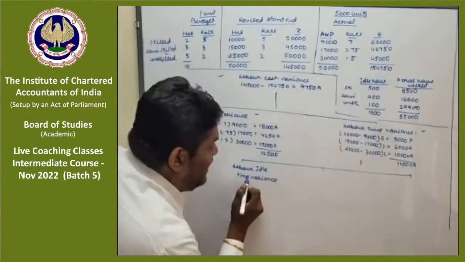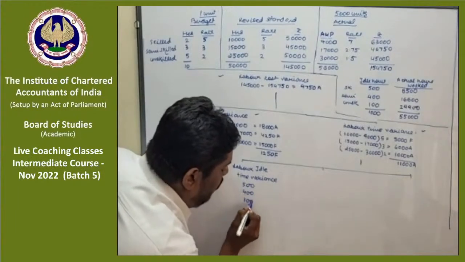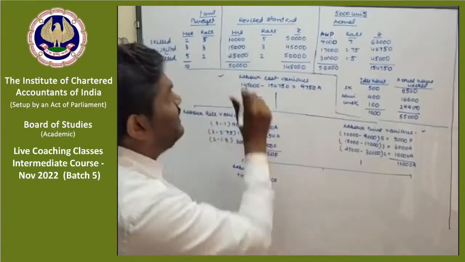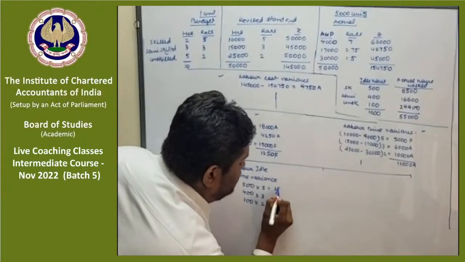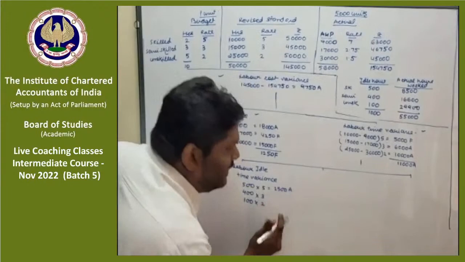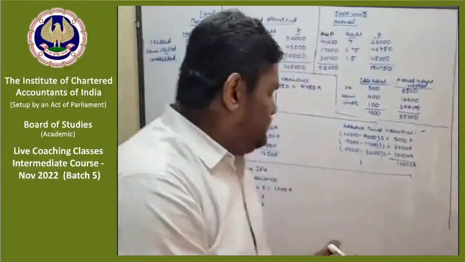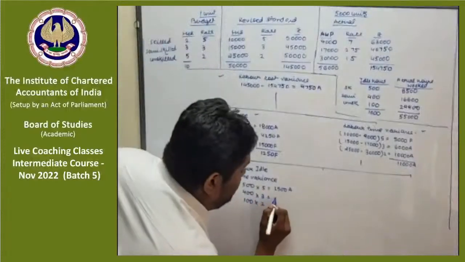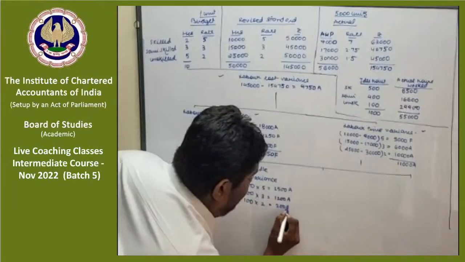That is the labor hours, 500 hours, 400 hours, 100 hours into the standard rate, that is 5, 3 and 2. So this will be 2,500 adverse. Idle time is a loss to the company, so it will always be adverse. So this will be 1,200 adverse and this will be 200 adverse.